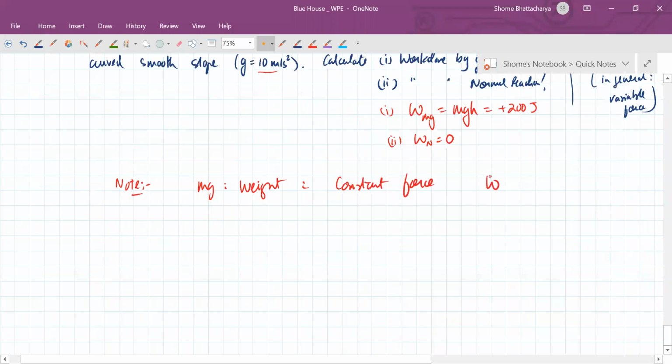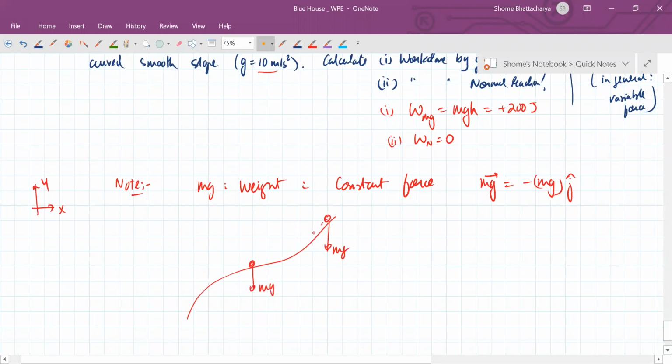The weight as a force, or mg as a vector, will be minus mg j cap always, if you take this as your x and y axis. It doesn't matter what the path is. The gravitational force acting is always constant, whatever be the path.